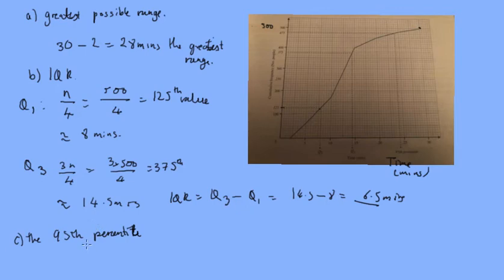So we would do 0.95, turning the 95% into a decimal, times by the 500, that gives us the 475th value position, which is up here. Come along, read down, and that's equal to around about 24.0 minutes. So I hope that helps.